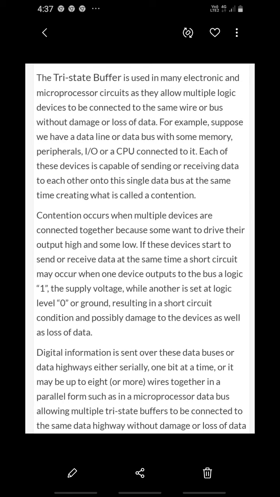For example, suppose we have a data line or data bus with some memory, peripherals, input output, or a CPU connected to it.